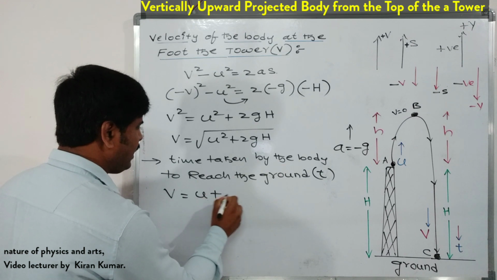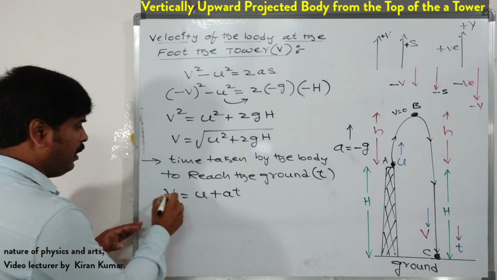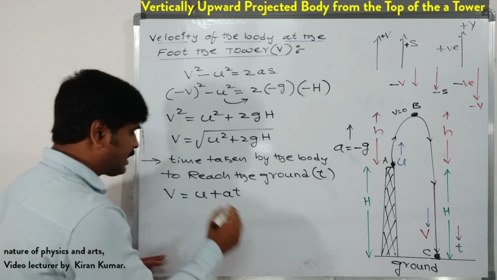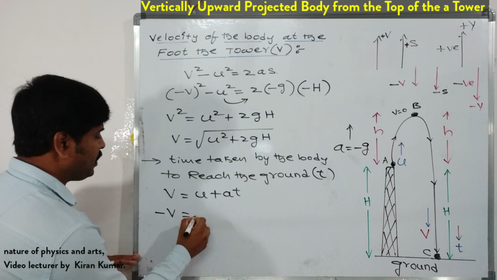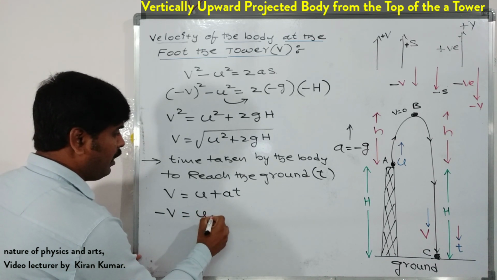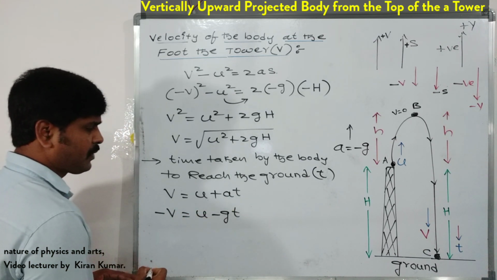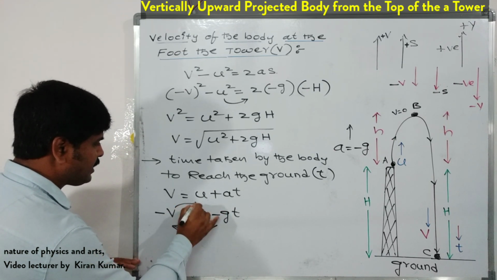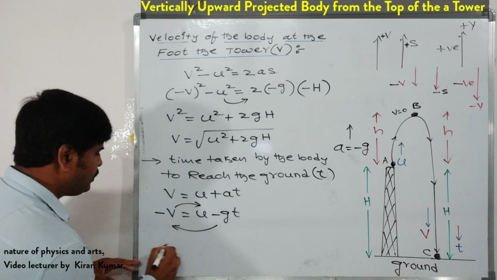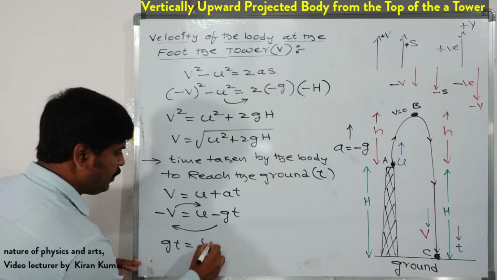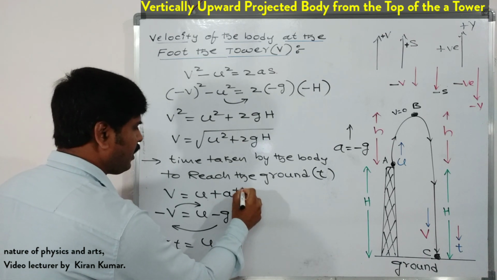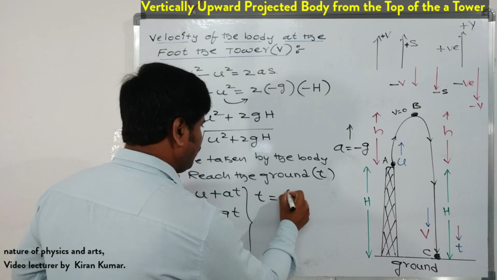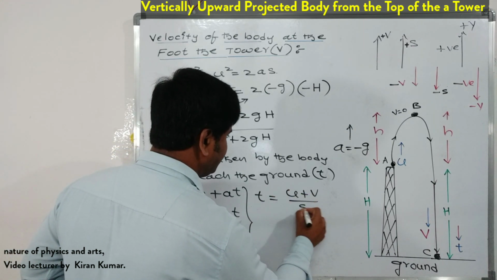So here the velocity is the final velocity, along the negative y-axis, that's why taken as negative v, which is equal to u minus gt. Rearranging this equation, gt on this side, u and v on that side, gt is equal to u plus v. Okay, then in the next step, t is equal to u plus v divided by g.